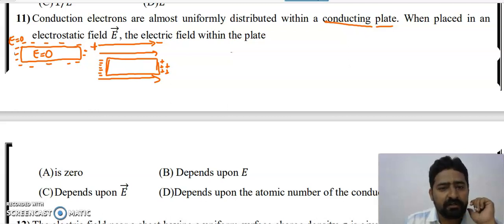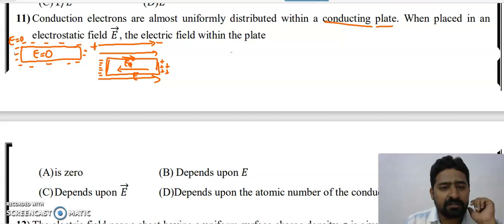So when the electric field is applied in this direction, inside the conductor positive charges are accumulated on one side and negative charges on the other. So that is an induced electric field. It will start here.